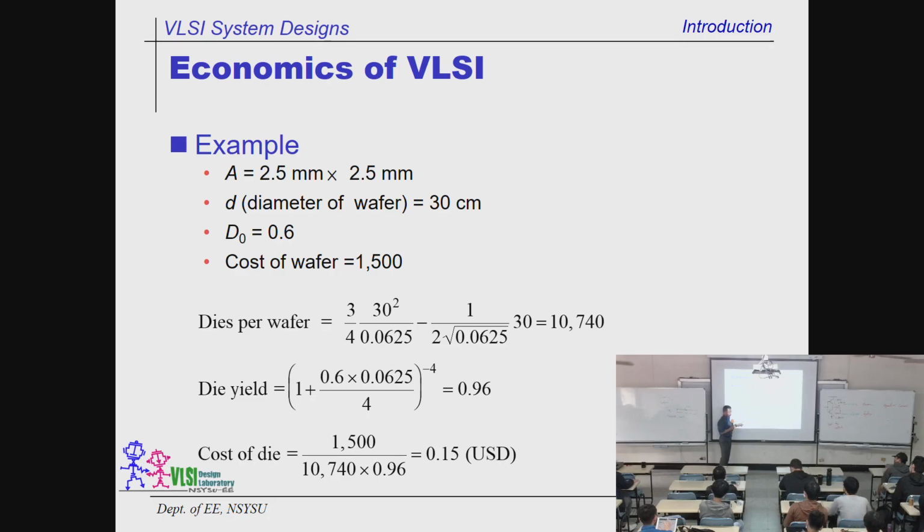Then the cost will be 0.15 US dollars. Very competitive price, very attractive. So everybody loves it: your boss, your customers, your clients. That is what the IC design value is. Bring down the cost, make it very competitive in the market.